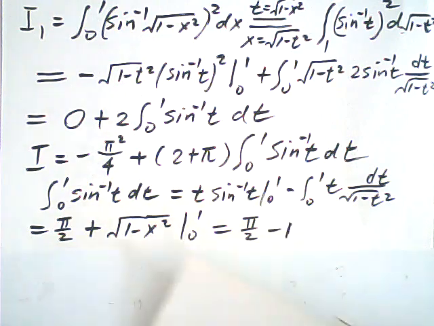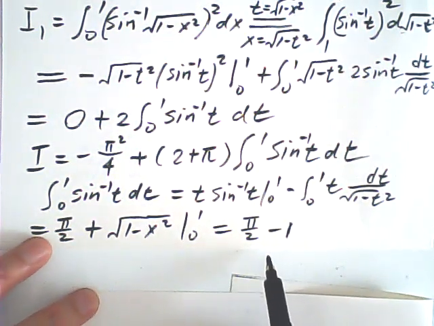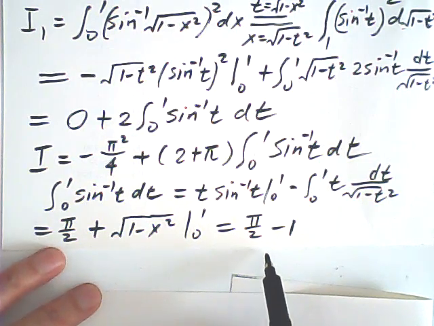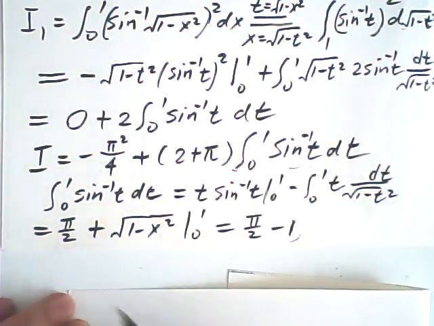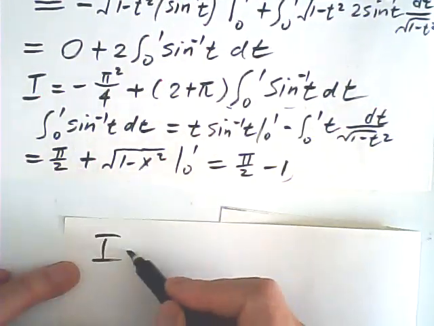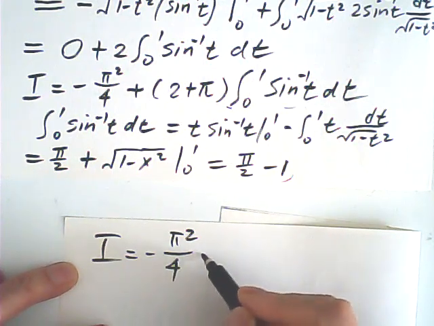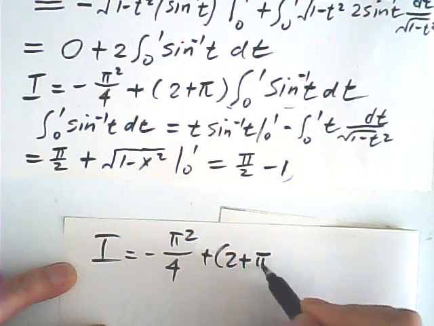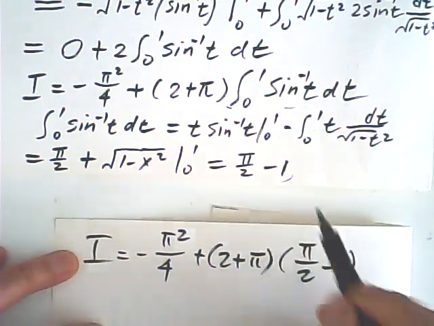All right. Then we place this one here. Okay, this is this, right? Therefore, I is equal to negative quarter pi squared plus 2 plus pi times what we have. See?